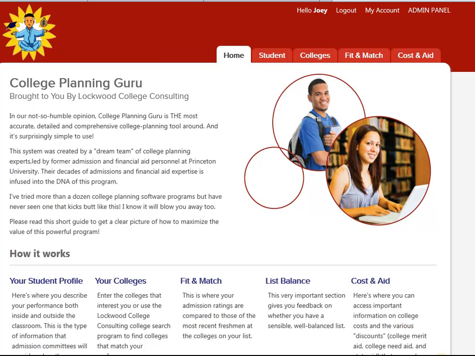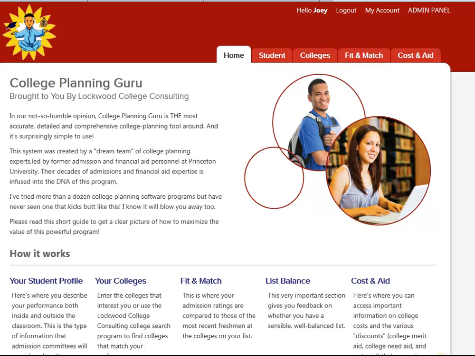Okay, so here we are at the login screen for this one particular tool that I love so much, that helps you figure out, very simply, it's very easy to use. You enter in some basic questions about your student profile, and then you look at some of the colleges that you're interested in, and then you get to the fit and match, which is really one of the coolest parts of this program.